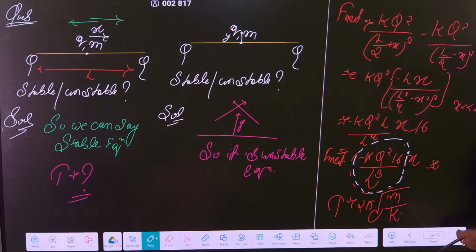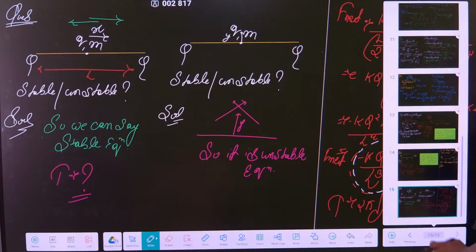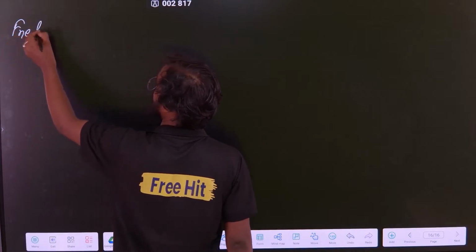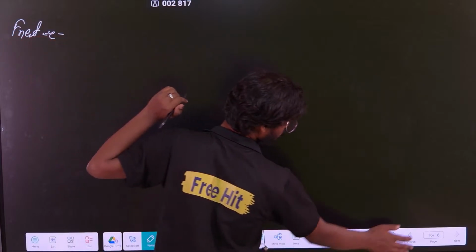So you will put it here, so what is the time period you will get? So my F net is how much? F net you are getting minus, what is that value?